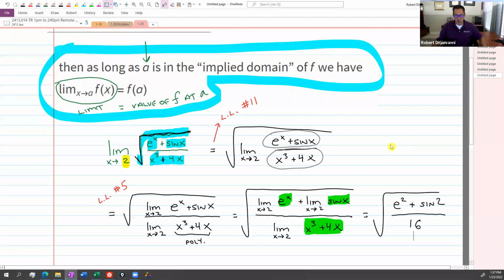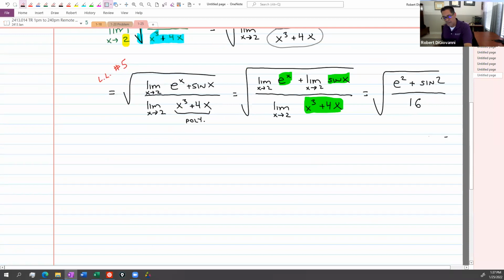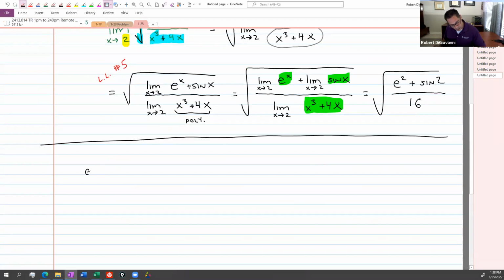Let's do one more. I won't go through all this detail. I'm going to do it a lot faster. Watch. Let's say we have the limit as x approaches 5 of (x squared minus 2) over (x plus 1). What I'm going to do right now is check to make sure that when I plug 5 into these, I don't get any issues.